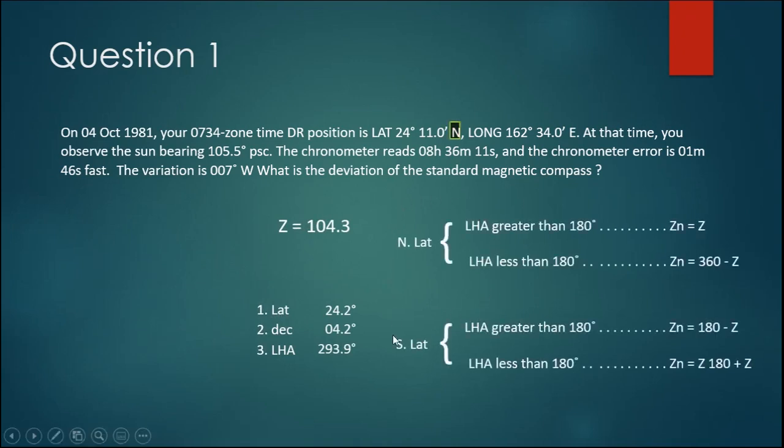And this little part right here is at the bottom of that Bowditch page. So you use that. We are in northern latitude with a local hour angle greater than 180 degrees. So Zn equals Z this time. So 104.3 is going to be what we put in as true on our TVMDC problem.